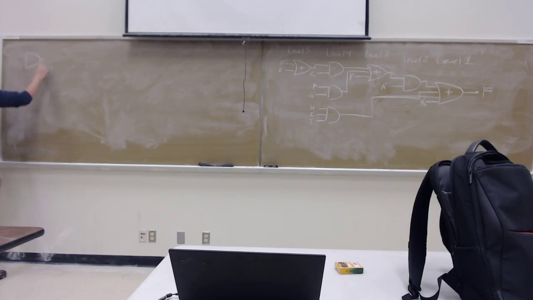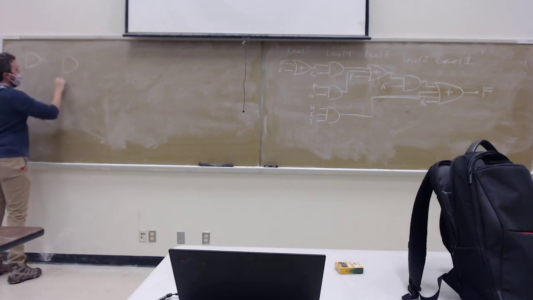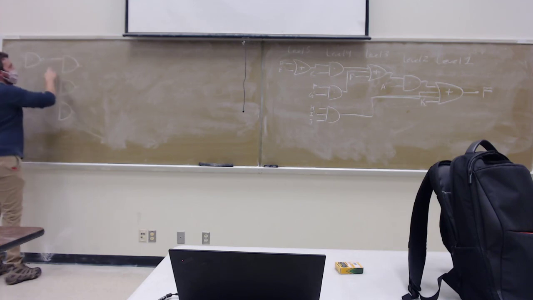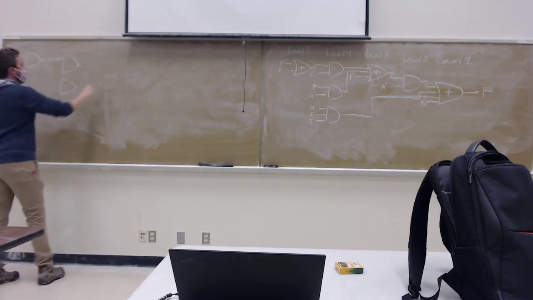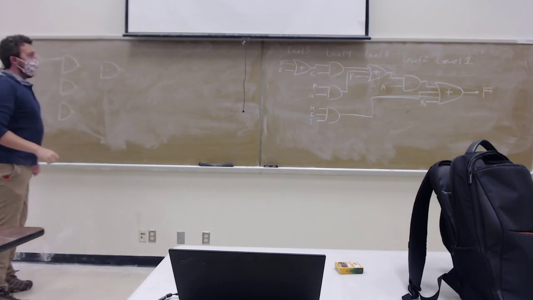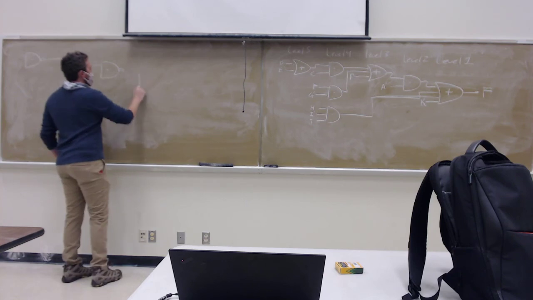So we have NAND, and then we have three NANDs. NAND gate, right? That first NAND gate connects to that one. Then we have an AND gate, everybody said OR gate. Then that connects. We have another NAND gate.